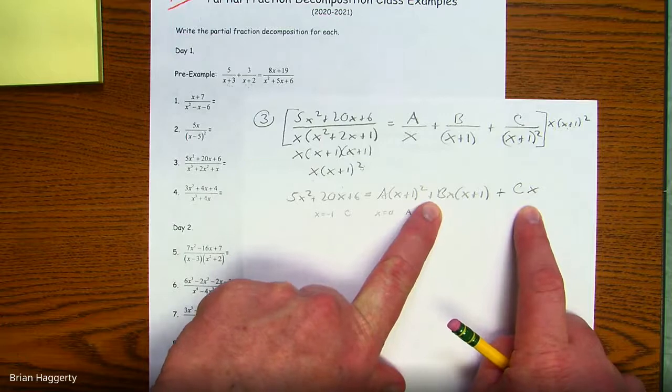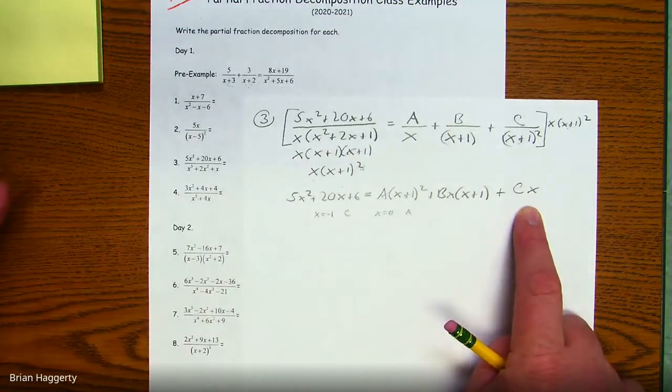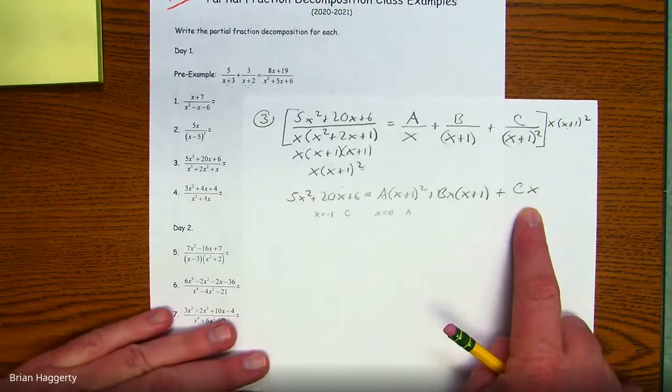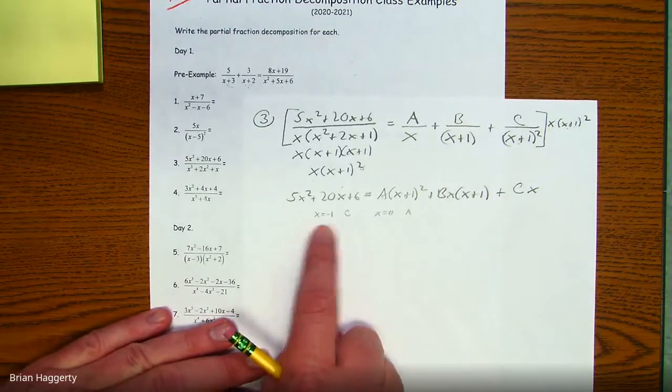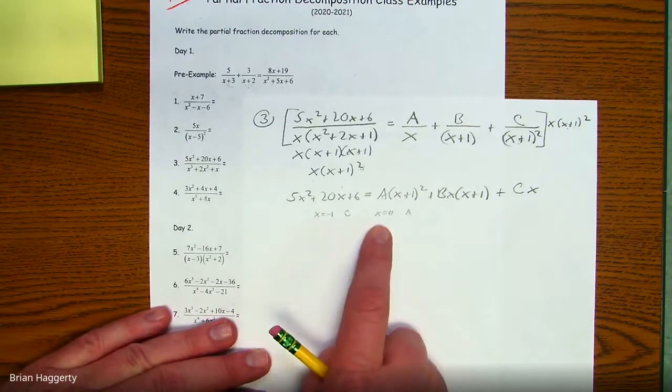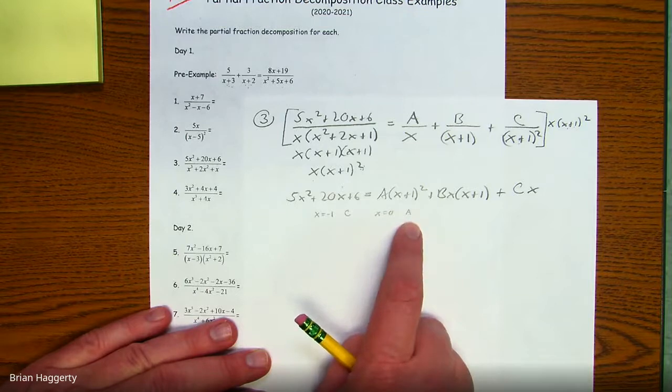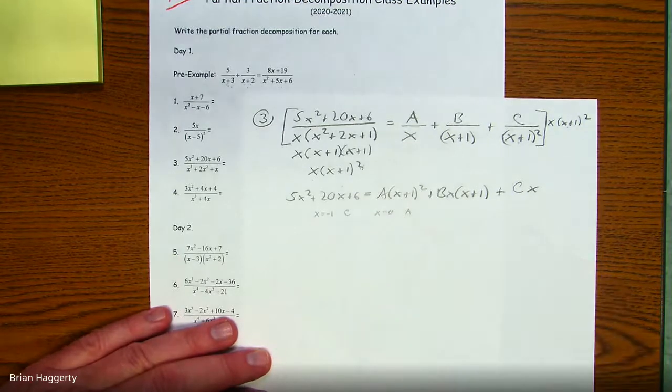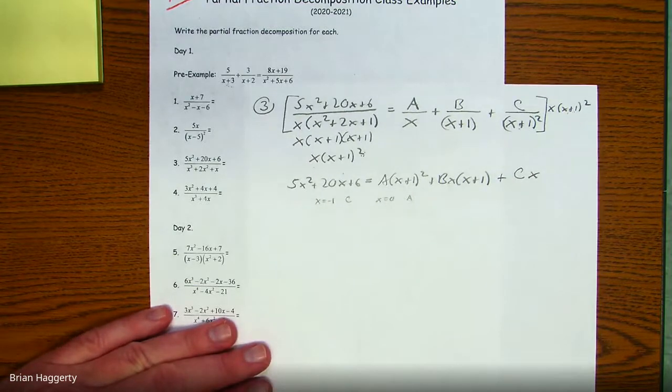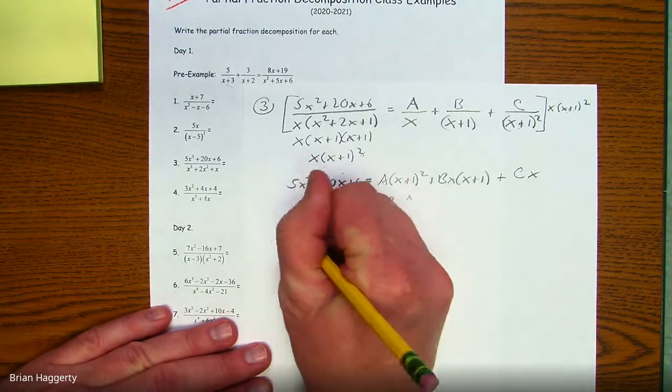So that's a plan of attack, not necessarily the only one, but one that will work well. I'm going to plug in -1 for x, that'll get me c. I'm going to plug 0 in for x, that will get me a. Once I know those two, I'll pick some other number to plug in and get the b value. Everybody okay with that? All right, so plugging in -1 for x.